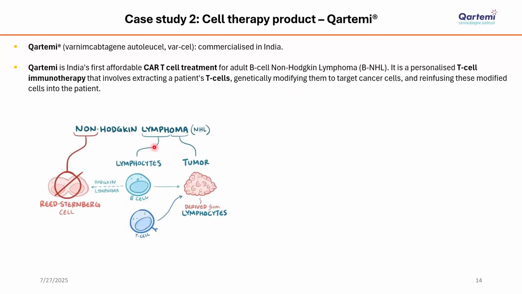In Hodgkin lymphoma, you see these rare enlarged dinucleated Reed-Sternberg lymphocytes, which are high in number and abnormal in function. In the case of non-Hodgkin's, these Reed-Sternberg cells are absent, but there is a high proliferation of B cells and T cells, which leads to tumor formation in the lymph nodes.